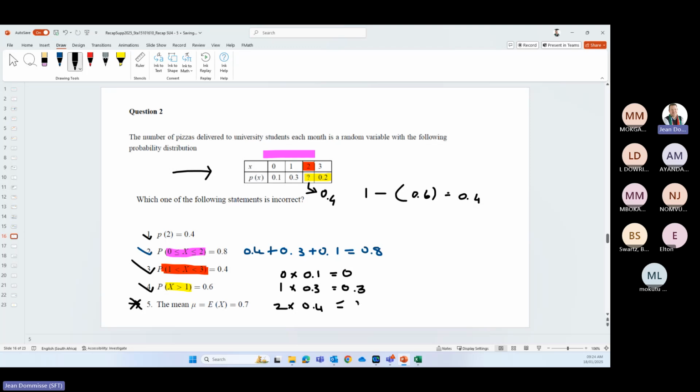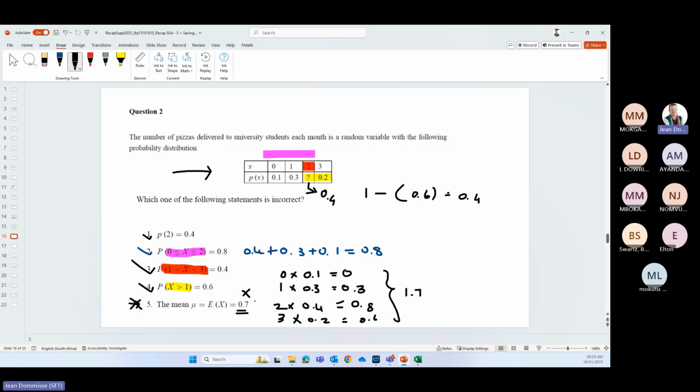That will give you, I think, 0.8. And 3 times 0.2, which will give you 0.6. And if you add all of those together, your answer will be 1.7 and not 0.7. So that is where the mistake is.